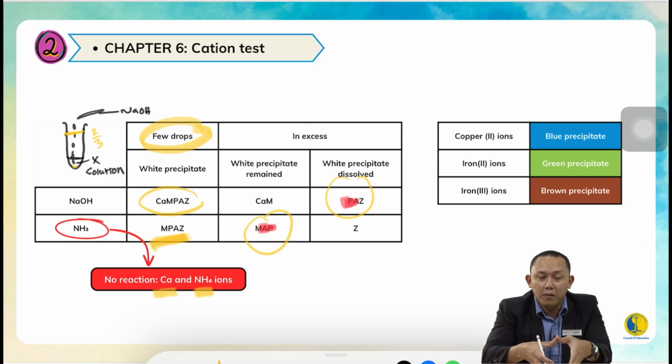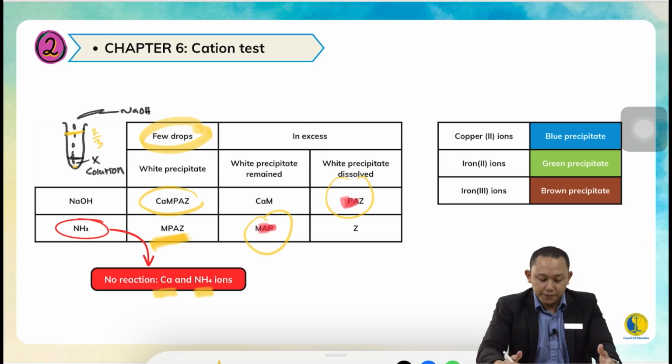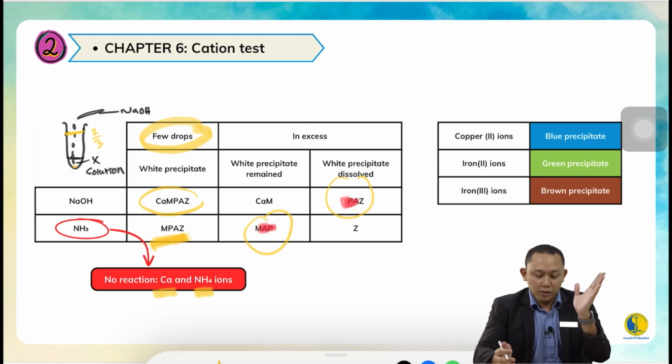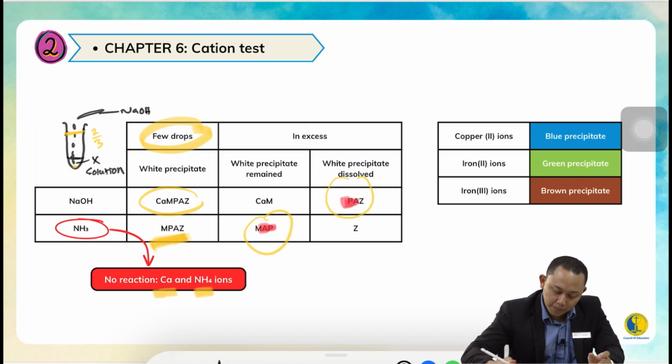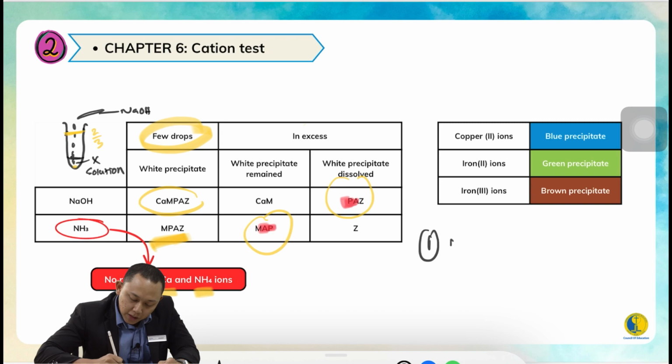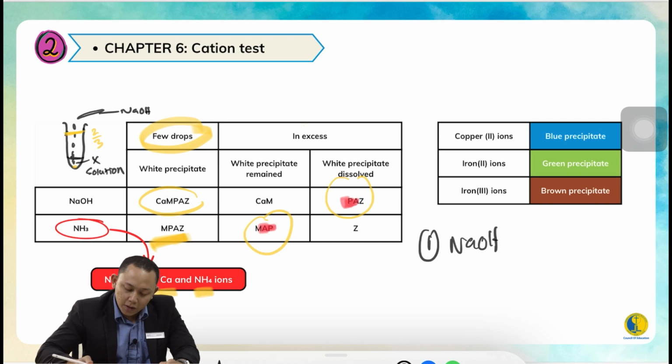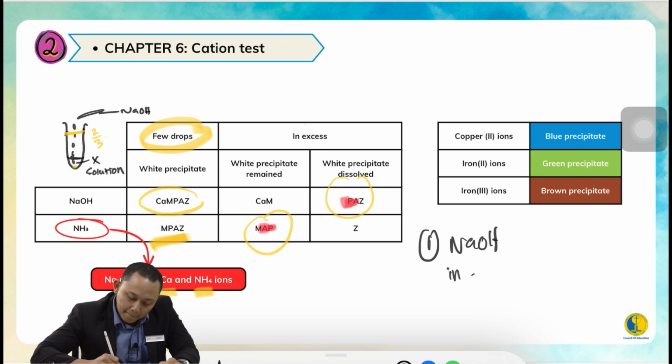What I mean by the same observation is this. For example, the first one, when you use sodium hydroxide in excess, there will be a clear solution, meaning it is dissolved.